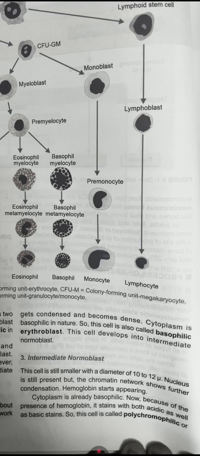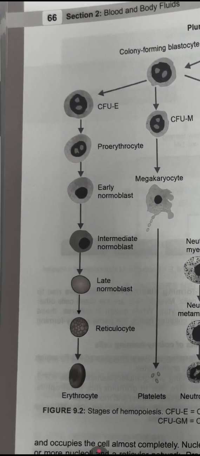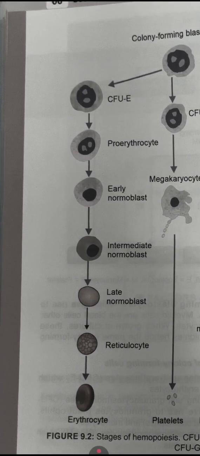But in the third stage, as hemoglobin starts appearing, it will take acidic stain also. So taking both acidic and basic stain, it's called polychromophilic.